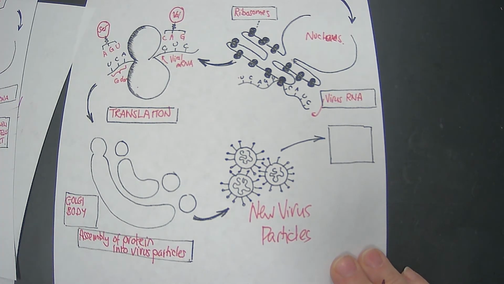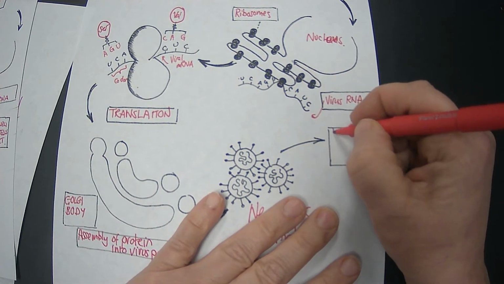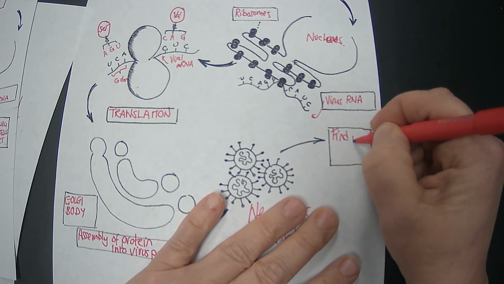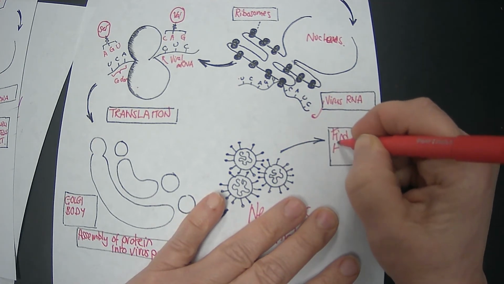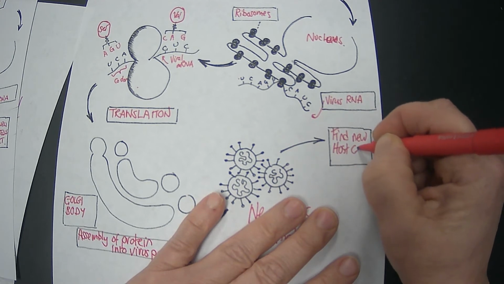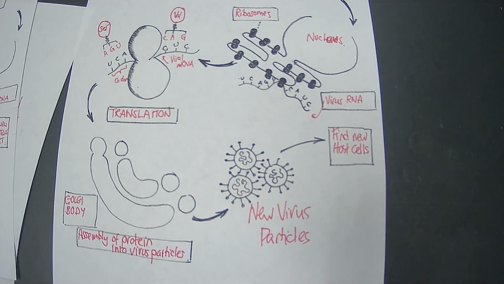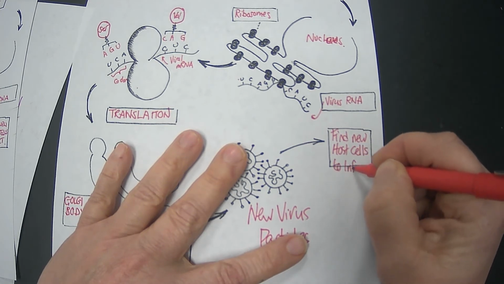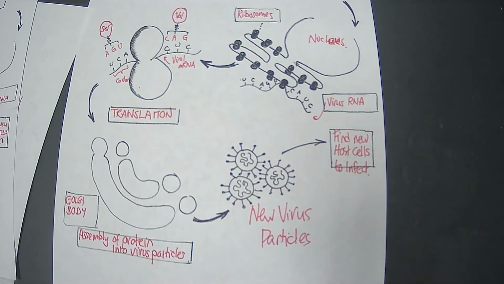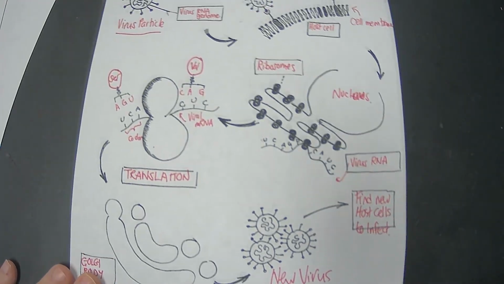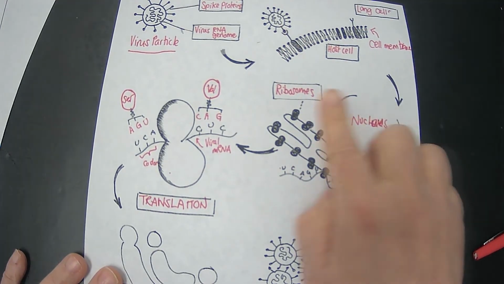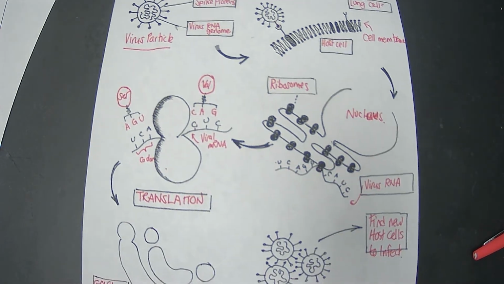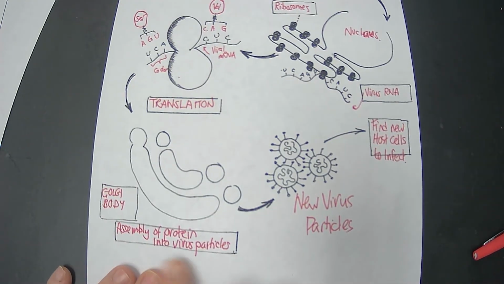They're going to come out of your lungs, up your trachea, out through your mouth, and they are going to go and find new host cells. They're going to go find someone else to infect, right? So what we've done is we took what we knew already, we added our understanding of the cell membrane, we added our understanding of transcription and translation, and how virus particles are produced.